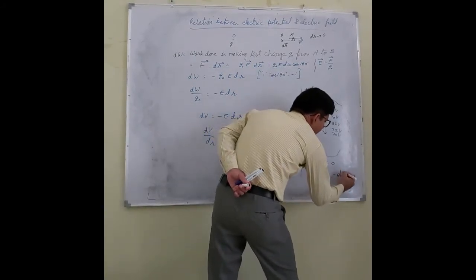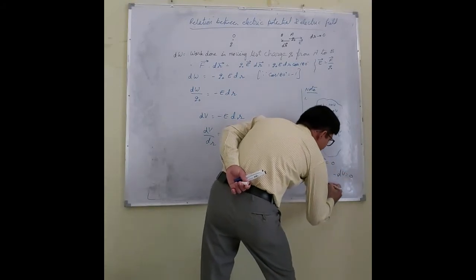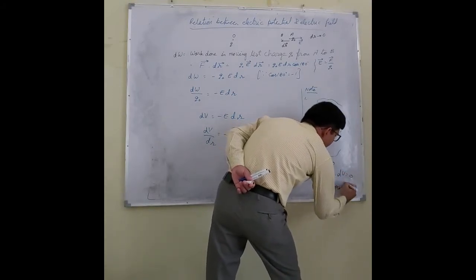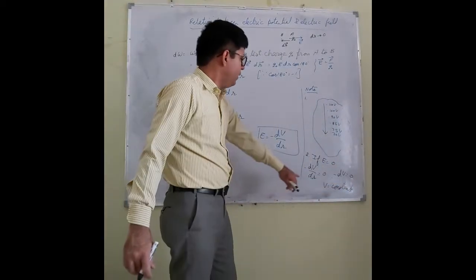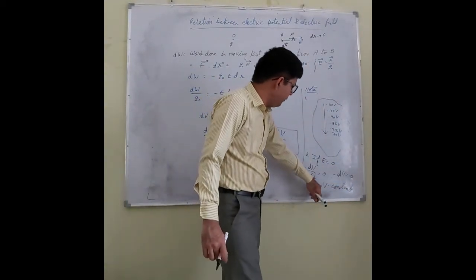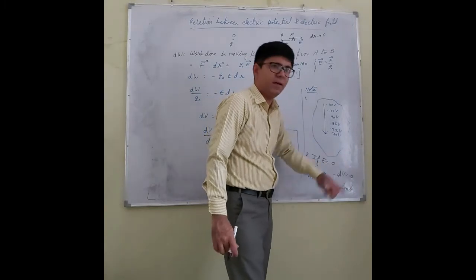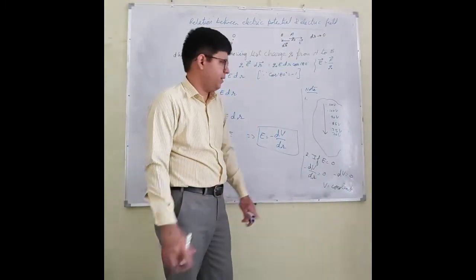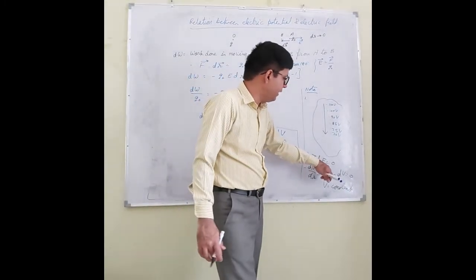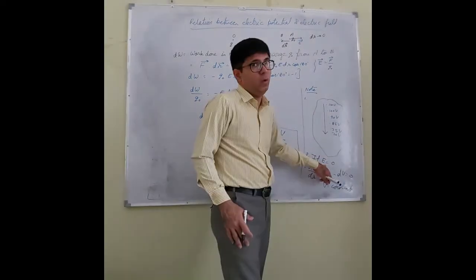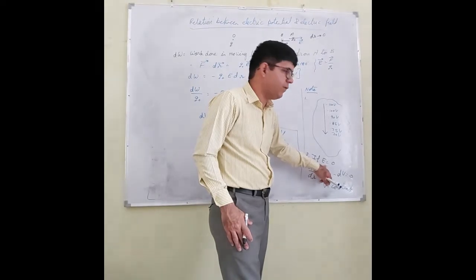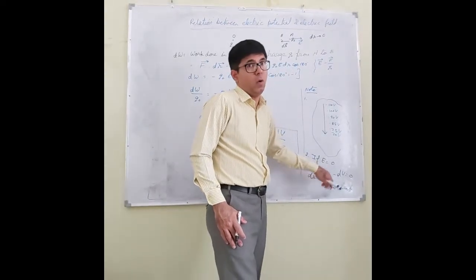It means dV is 0, so V is constant. If electric potential is constant in a given region, then in that region, electric field will be 0.